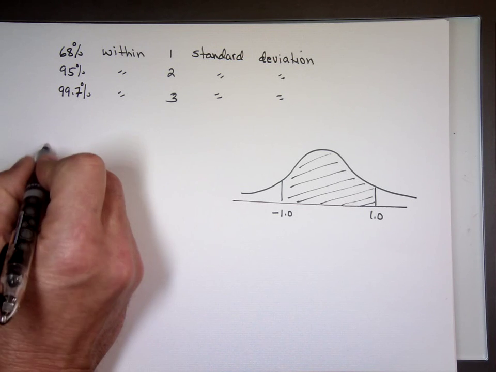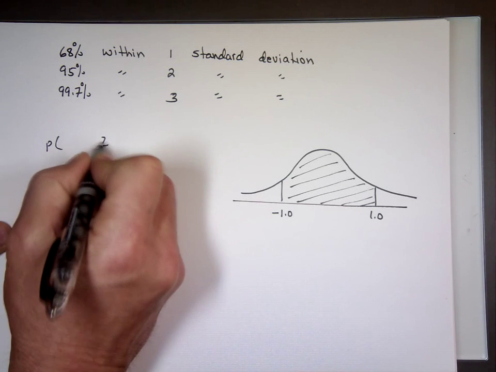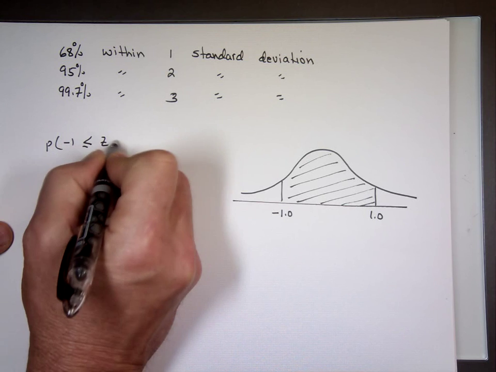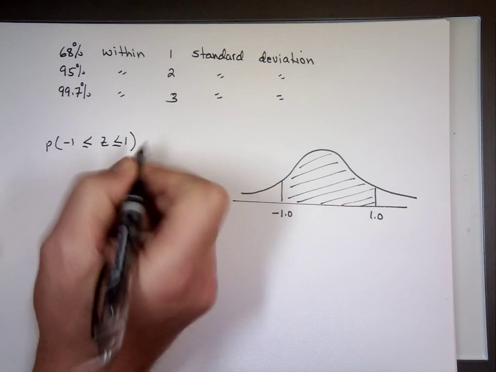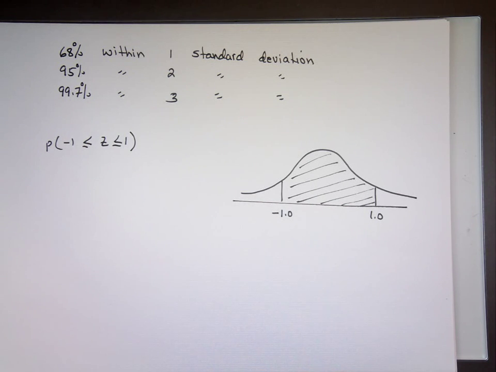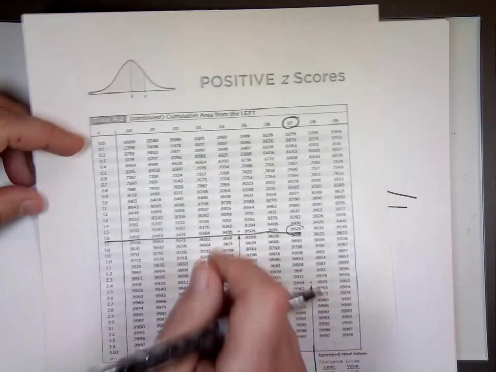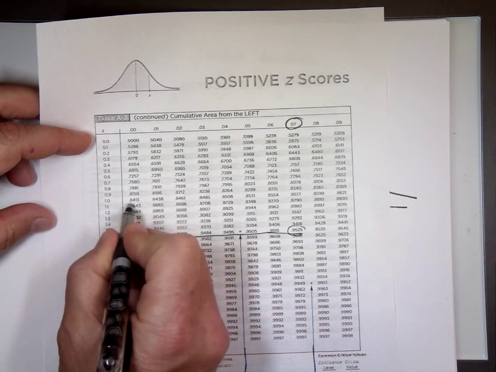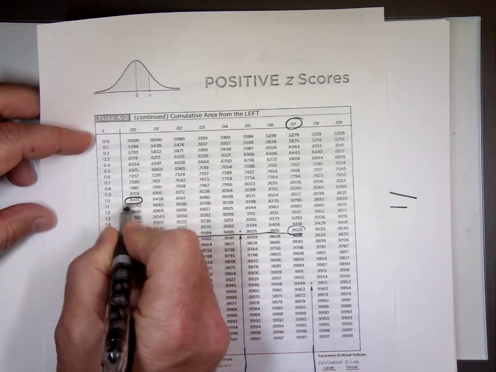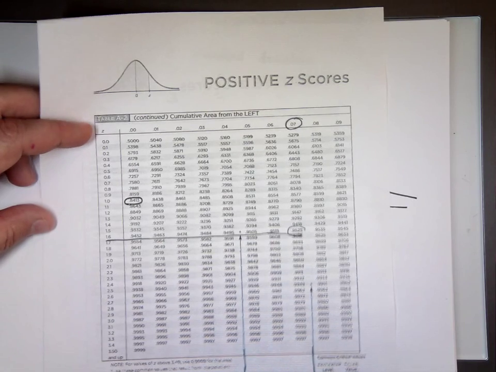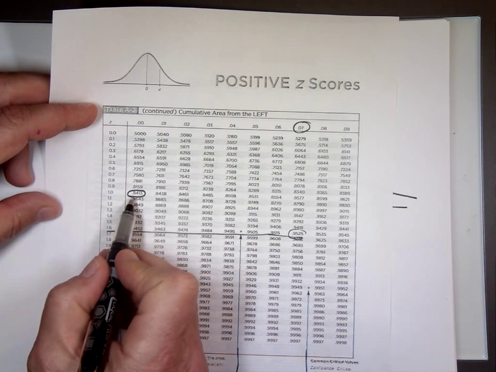So this is the probability of z value greater than or equal to negative 1, less than or equal to 1. Well, if I look at the 1.0 on my positive z-score, the 1.0 gives me an answer of what? 0.8413. Can you see that? 0.8413.